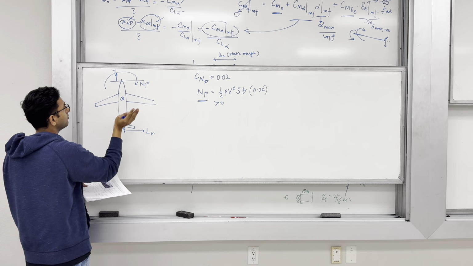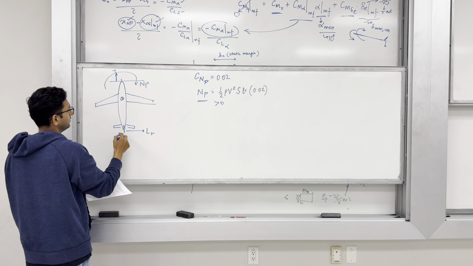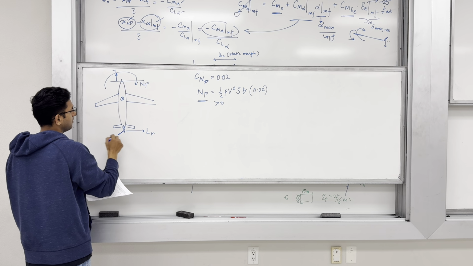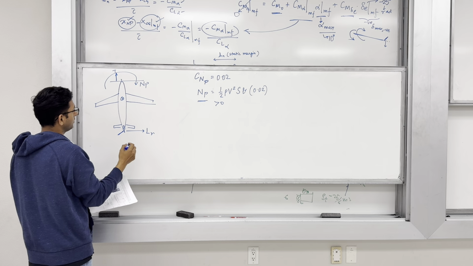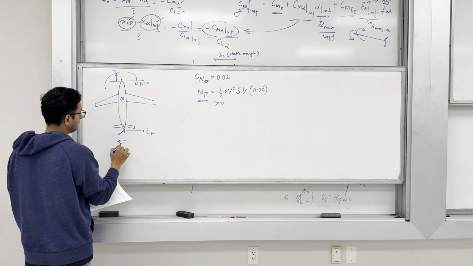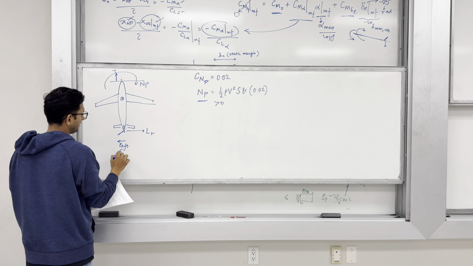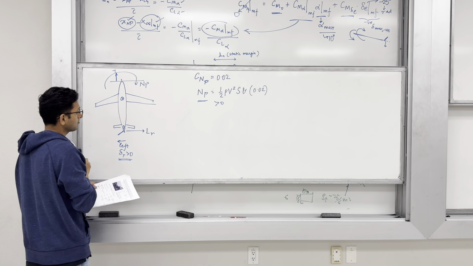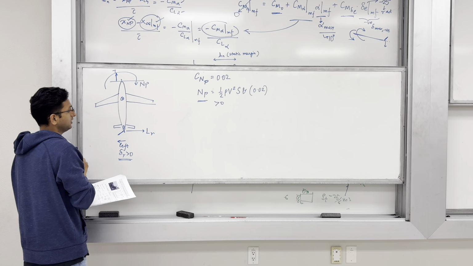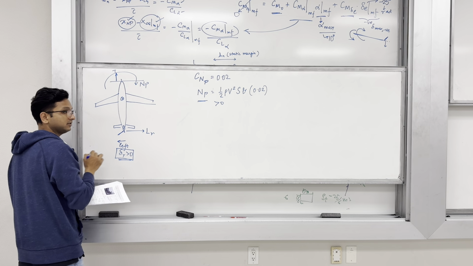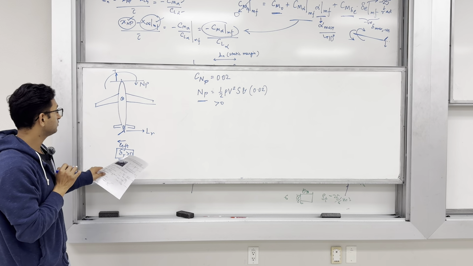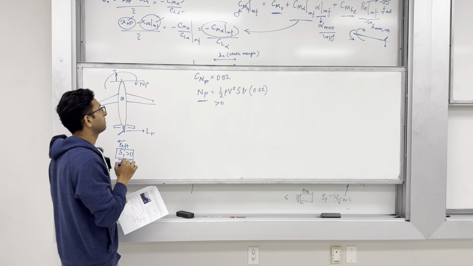So, the moment has to be negative, which means that my deflection must go this way. Now, go and look into your cheat sheet. Deflection to the left gives me that delta r is positive, which means that whenever I get my answer, delta r should be positive. This is one sanity check, this is important.